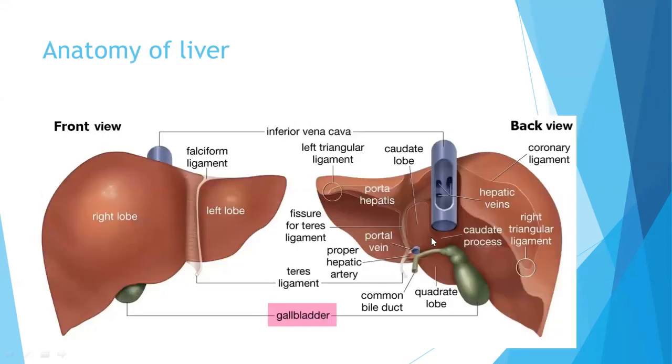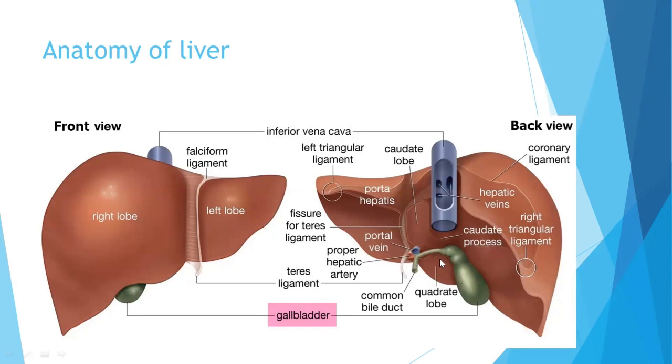Now, this caudate-like structure is called the caudate lobe, and the extension is called the caudate process. And just beneath the bile duct, here we have the quadrate lobe. The quadrate lobe has four sides: 1, 2, 3, and 4.